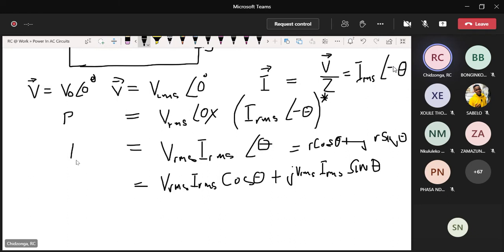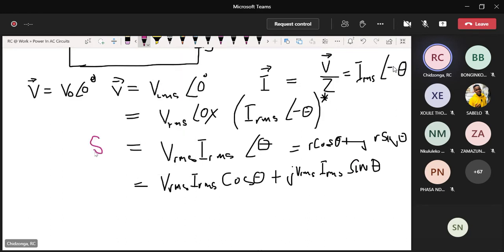The symbol P is reserved to represent the real component. And therefore, we define a new symbol for what we are seeing here.